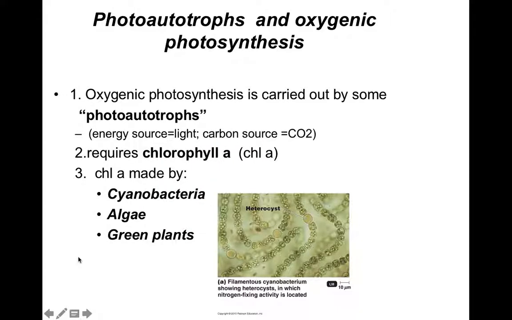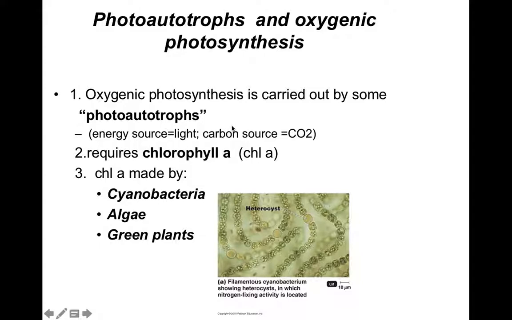Again, just a little bit on photoautotrophs and oxygenic photosynthesis. Photo means they use light as an energy source. Autotroph means literally self-feeders. They're going to use inorganic carbon dioxide from the air as a source of carbon to build their own organic molecules.